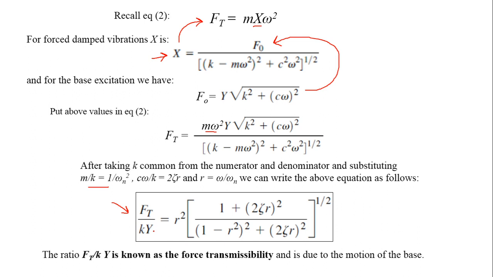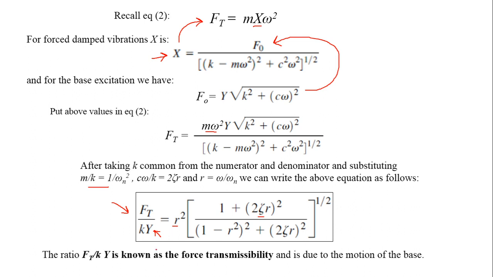So this denominator is representing the input force that is being created by the vibration of the base, or the base excitation, and this is the amount of force that is being transmitted. So this ratio is dimensionless, and it can be written in a dimensionless form like this, in terms of only zeta and r.